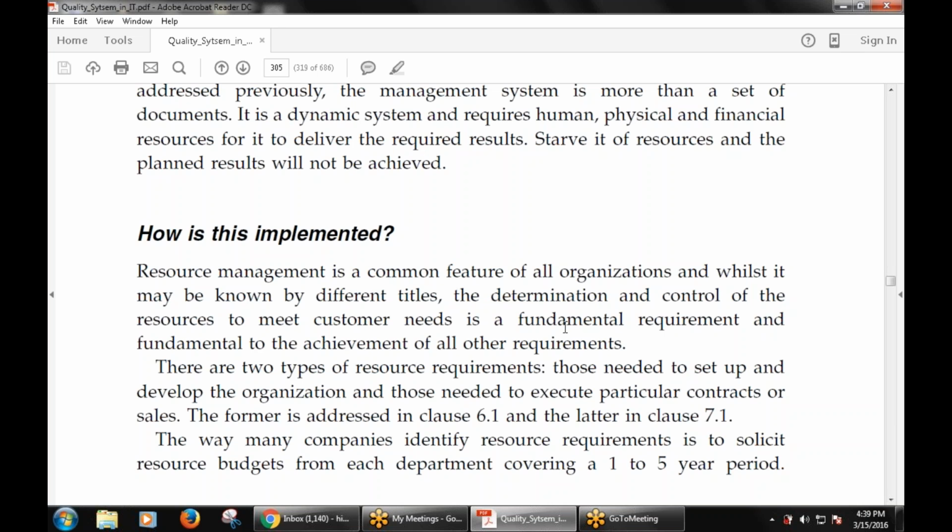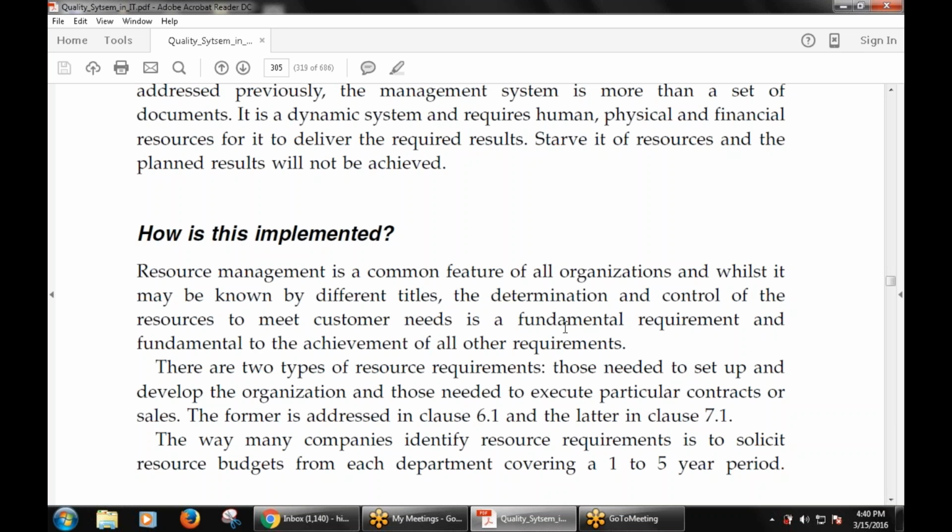So whatever the fundamental requirement, whatever the fundamental resources required for memory management, are the resource requirements needed to set up and develop the organization, so that it is able to execute a particular contract or sale.